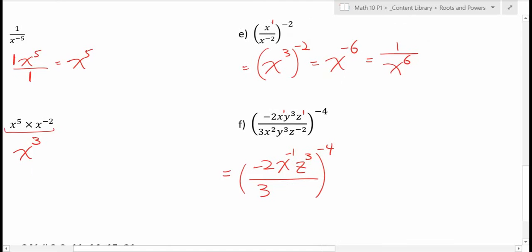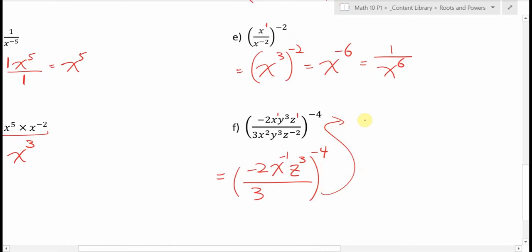Now, because of the negative 4, and also because we have a coefficient here, I am going to flip it first. So I'm going to change this 3 to the top. Negative 2, and x to the negative 1, and z to the 3 goes to the denominator. And now the exponent is positive. Now I'm going to evaluate this. 3 to the power of 4 is 81.